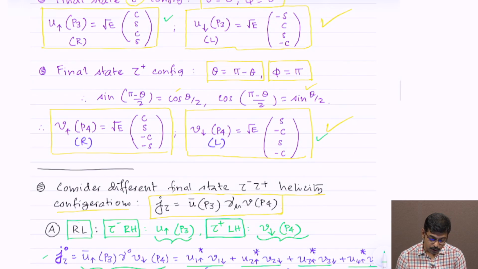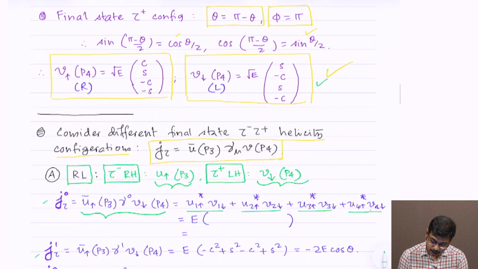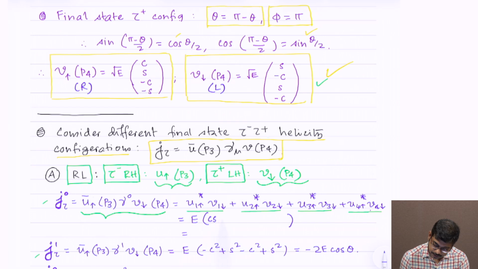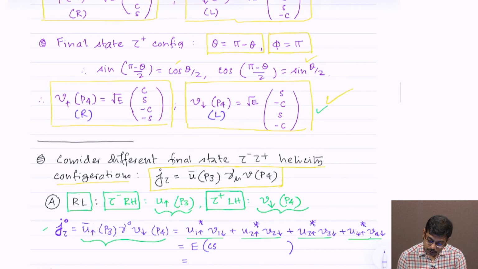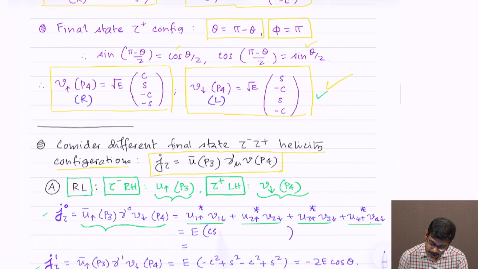Okay. So, U bar up star, this E becomes the common factor, right. So, square root of E becomes E, and the first term is CS. The second term is U2 star V2 down, U2 star is S and V2 down is minus C. So, this is minus C into S. Once again, C means cos of theta by 2 and S means sin of theta by 2.